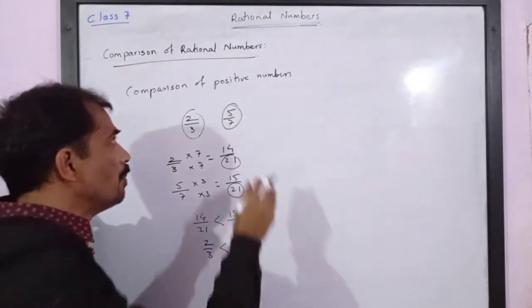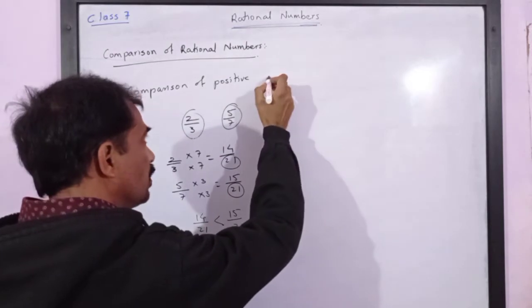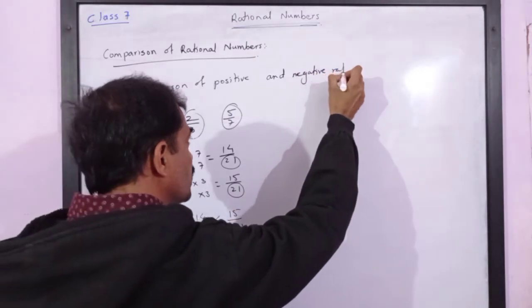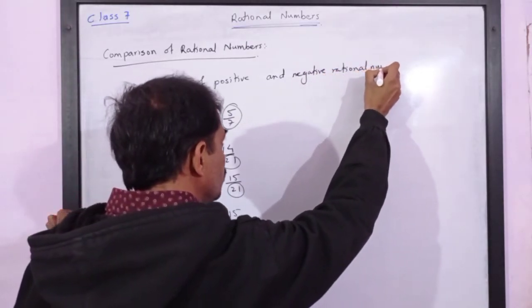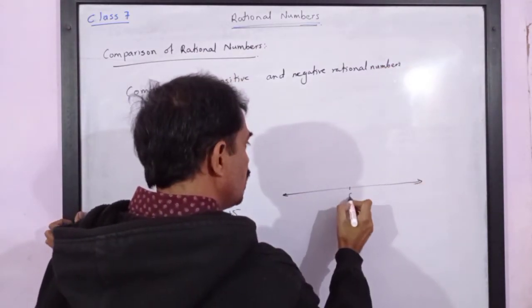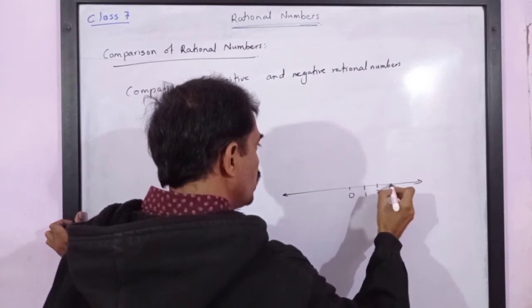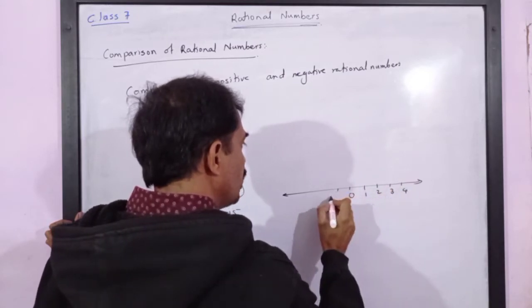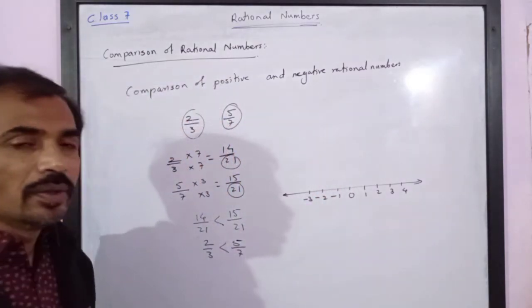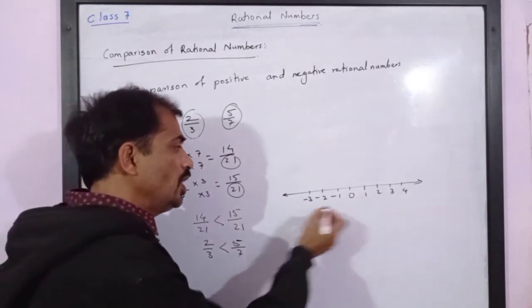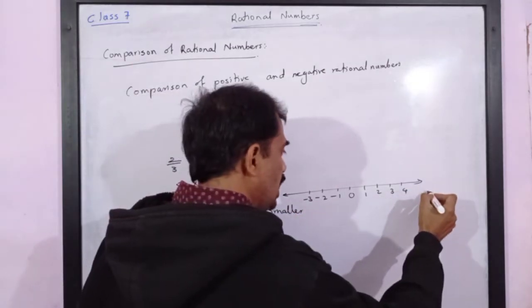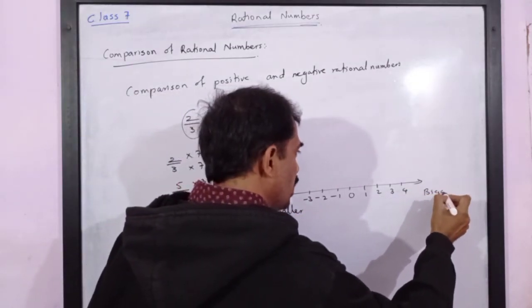Now the next topic is comparison of positive and negative rational numbers. We have already studied on the number line that positive numbers are always written to the right side and negative numbers are always written to the left side of zero. And we have also studied that as we go towards the left, we go to smaller numbers, and as we go to the right side, the numbers become bigger and bigger.